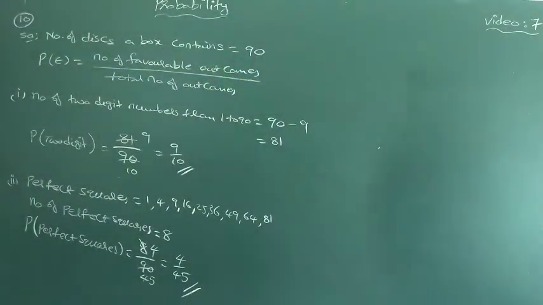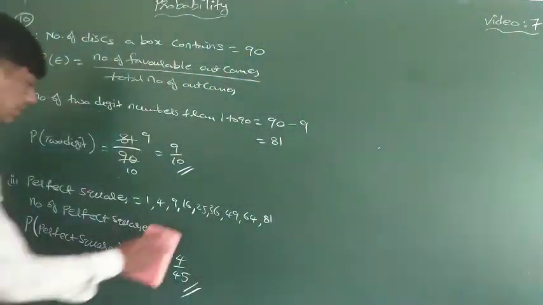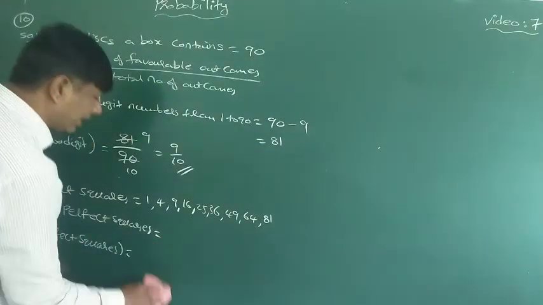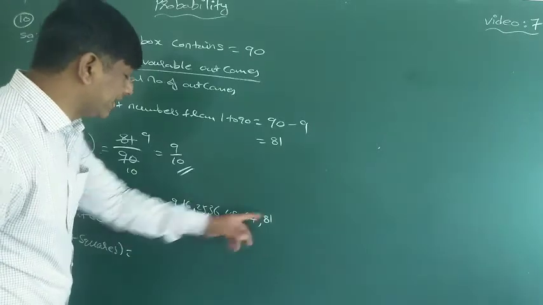Wait, sorry, there are 9 numbers, no. Up to 9 I wrote: 1, 2, 3, 4, 5, 6, 7, 8, 9 are there.